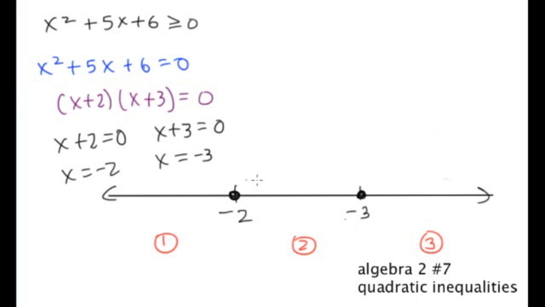And now we have to pick one number from each section. In this case, I'll go with negative 5. Here I'll go with negative 2.5, and here I'll go with 0, because 0 is a nice, easy, clean number. And wait a second, what am I doing here?